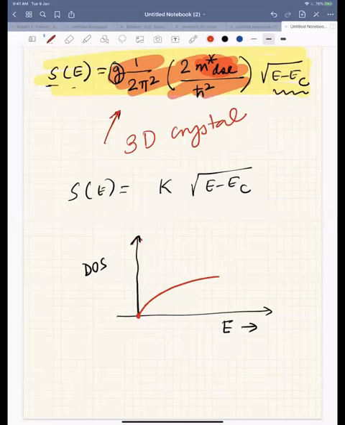Now, energy we always plot in the vertical direction, because in the E-K diagram, energy is in the vertical direction.